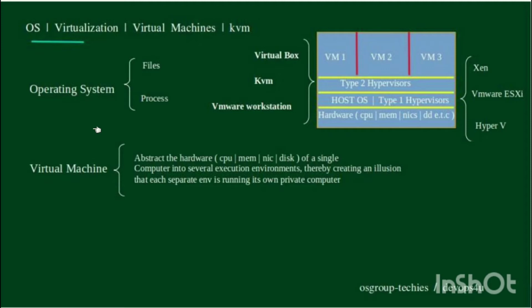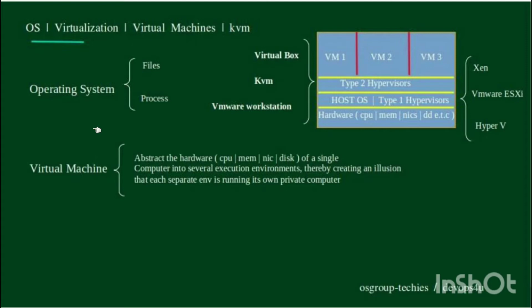Talking about virtual machines, let's talk about the problem before virtual machines. Before, we had a one-to-one mapping of your hardware, which includes CPU, memory, NICs and other devices, to an operating system. Until virtualization came into the picture, if we wanted a different operating system, we had to have different hardware altogether, and it created a problem of underutilization.